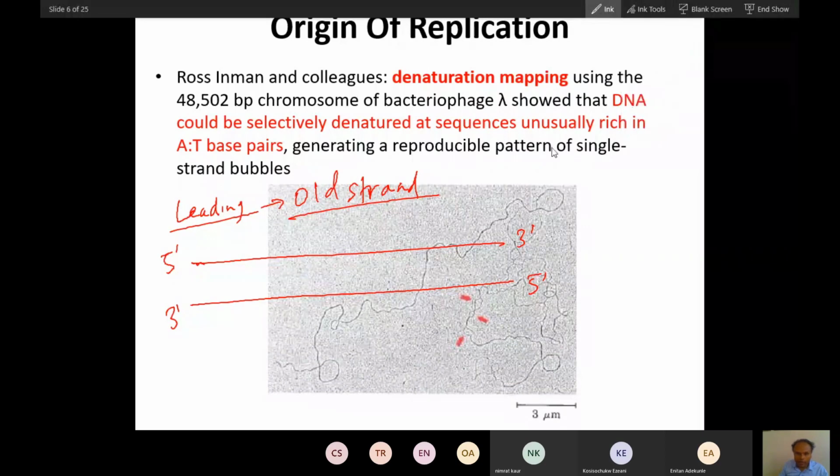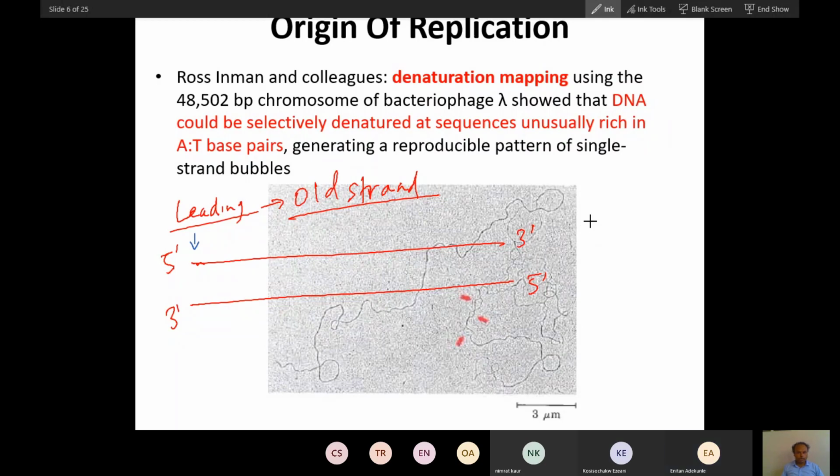So which will be leading strand or which will be lagging strand right now? If this is the start point. Among these two, which is leading strand and which is lagging strand? Only two choices.